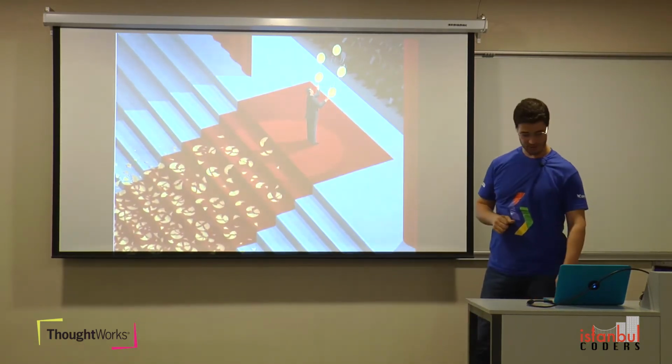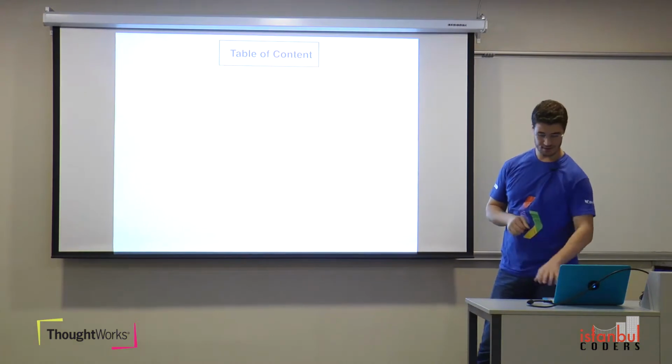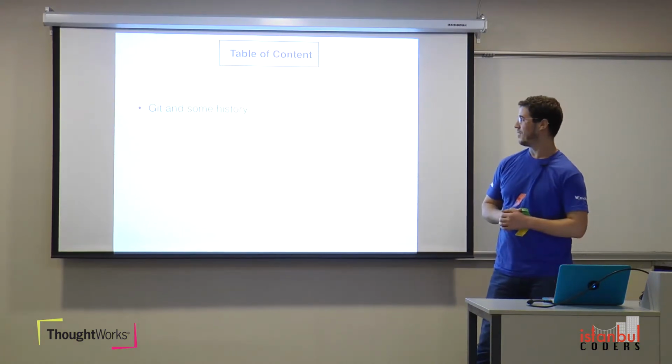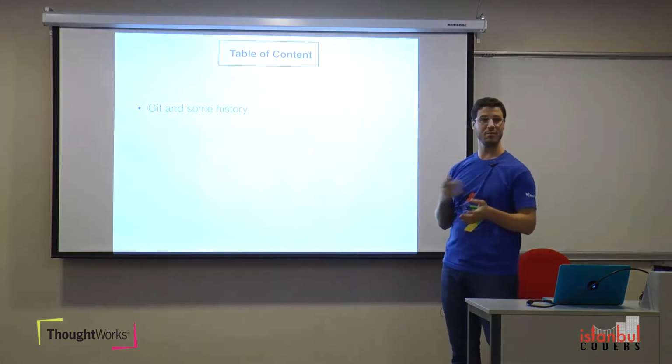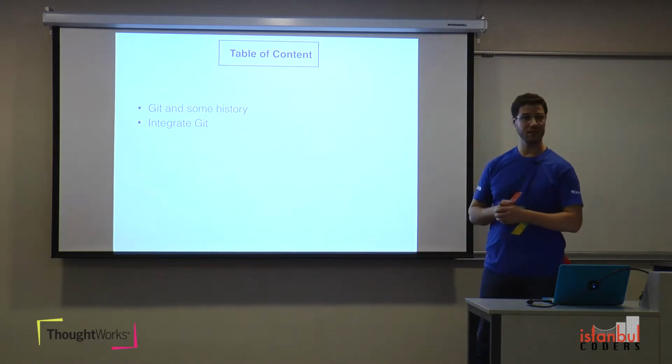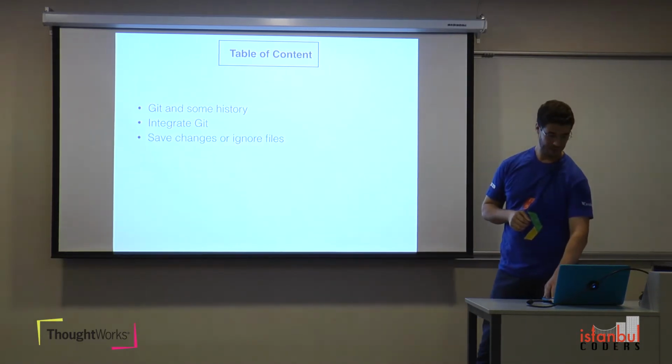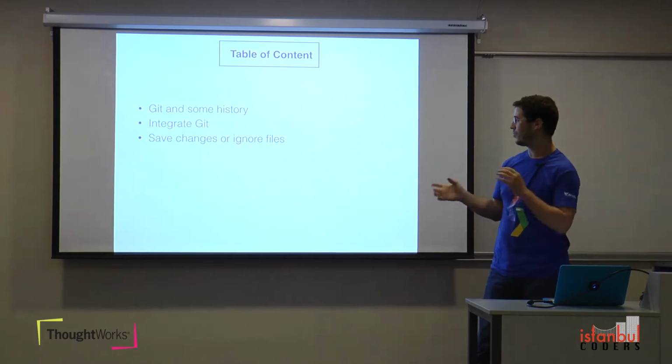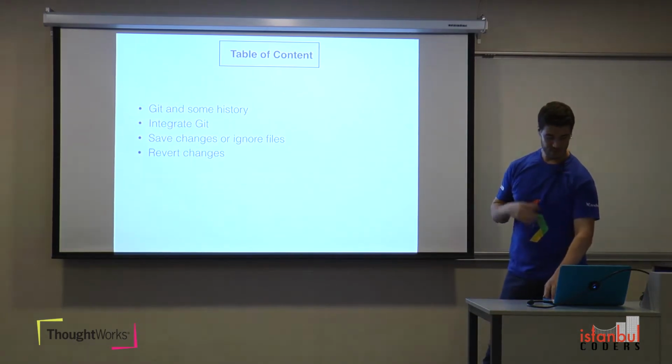Okay, great. So let's talk about the table of contents. So first we'll talk about Git and some history, the origins of Git, etc. How to integrate Git in our workflow, save changes and how to ignore files, how to revert changes.